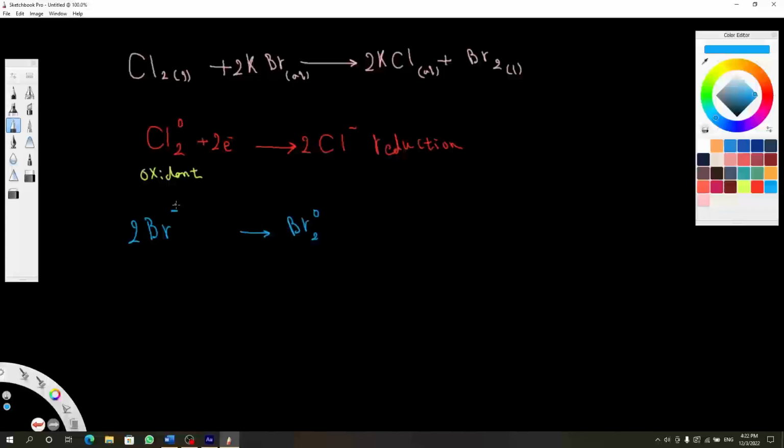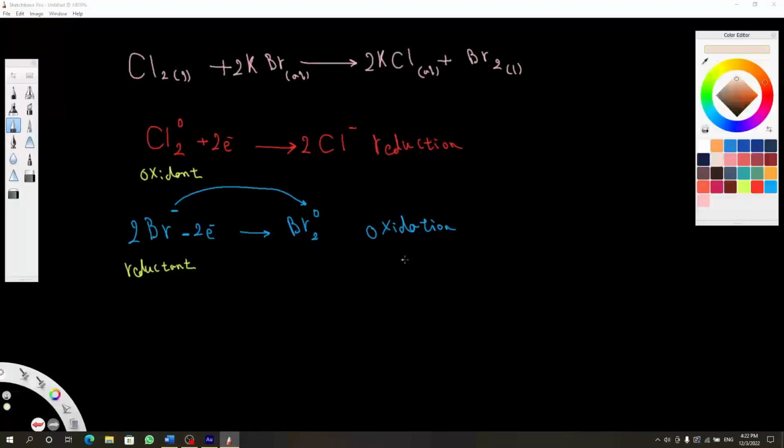The change of oxidation state from -1 to 0, that's an increase in oxidation state, meaning that this is oxidation, which means that the bromide ion lost 2 electrons. Each bromide lost 1 electron, so we have a total of 2 electrons lost, and this is oxidation, meaning that the bromide ion is the reductant or the reducing agent.